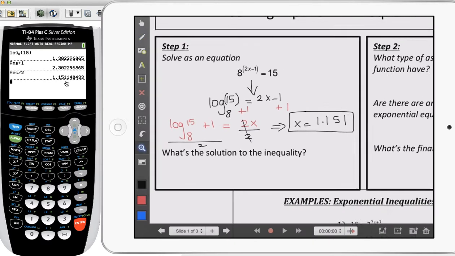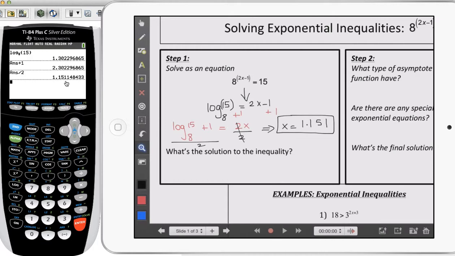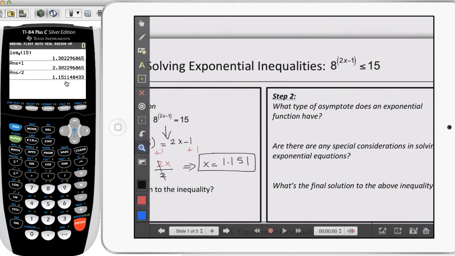But remember that this is an inequality, so we have to write the solution that we just got in inequality form. So if you look back at your inequality, we have the base to the power 2x minus 1 is less than or equal to 15. So the x is on the left side, so I'm going to keep x on the left side. Then you have less than or equal, so I'm going to put less than or equal, and the number I just got.